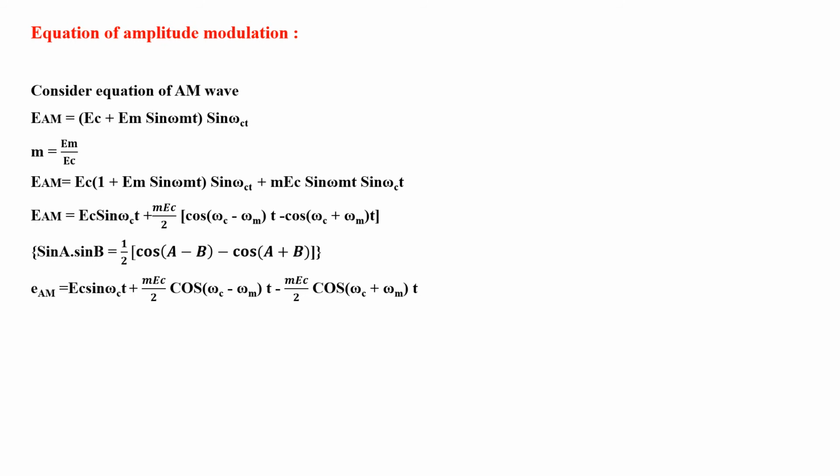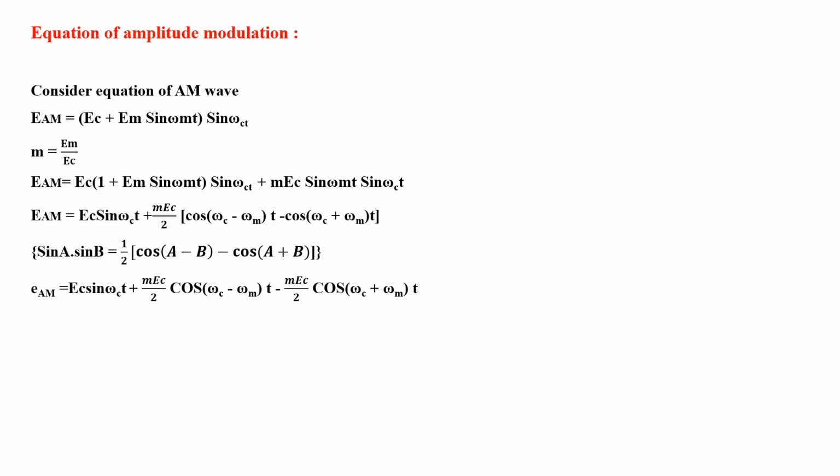Now EAM is equal to EC sin omega ct plus MEC by 2 as a common factor. Now we substitute sin A sin B as 1 by 2 times cos of A minus B minus cos of A plus B. So we write cos of omega c minus omega m t minus cos of omega c plus omega m t.